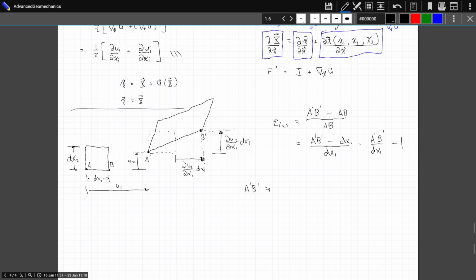If you think of A prime, B prime like a vector, then the length of a vector is the square root of the sum of the squares of the components of the vector, right? But you guys already know I don't like square roots. I don't want to carry a square root sign around everywhere. So we're going to square both sides, right? So instead of A prime, B prime, we're going to write A prime, B prime squared.